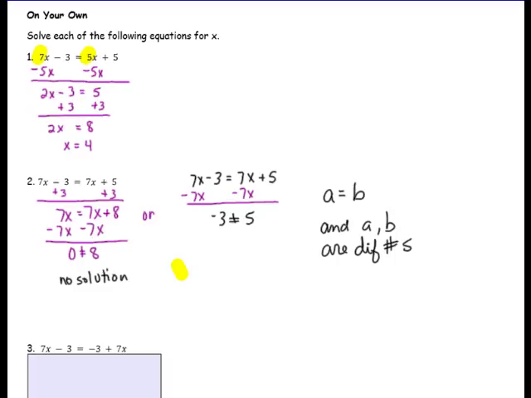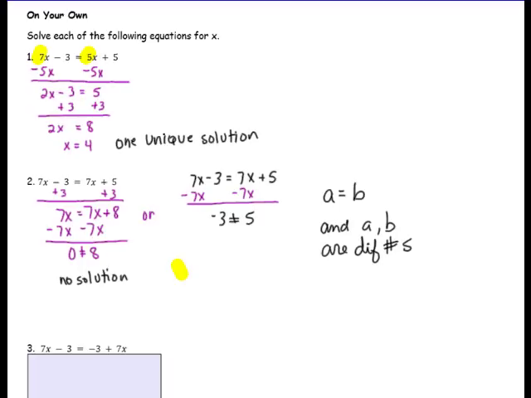Contrast this with the first problem, where you have one unique solution. In problem 1, x equals 4, and 4 is the only number that will solve that equation. In number 2, there is no solution.